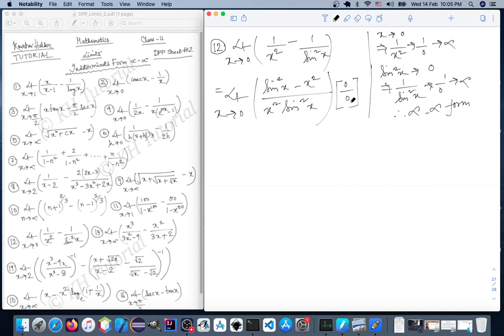So I would like to get rid of the sine square x by transforming this: sine square x minus x square. I will bring x below like this and adjust the x square.